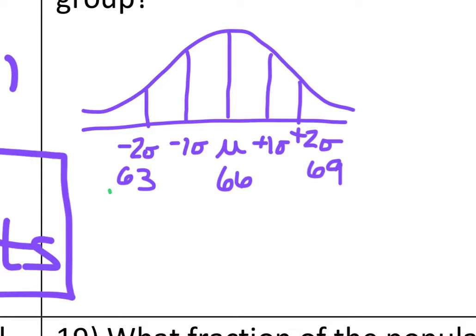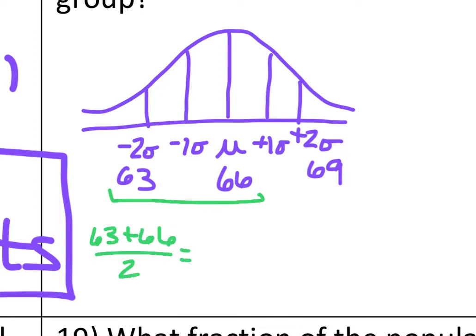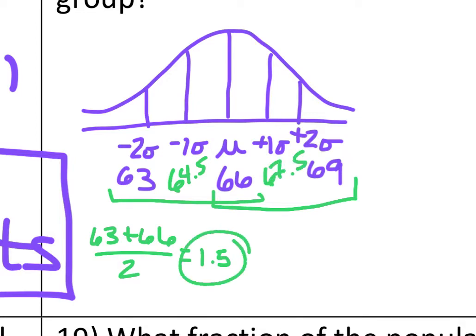I would personally just take the average of 63 and 66, and if you add those together and divide by 2, you should get 64.5 here. And then that would be the same if you did it here, and that would give you the 67.5 here. But that 1.5 is your standard deviation, so your sigma equals 1.5.